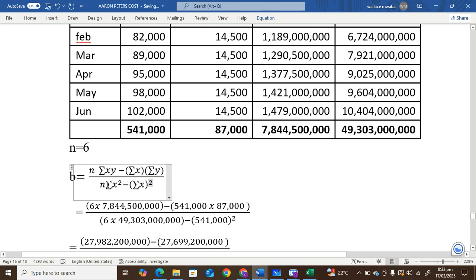Then summation of x, which is 541,000, squared. So know how to differentiate the two, because you might get confused between them. Are we okay with differentiating these two?